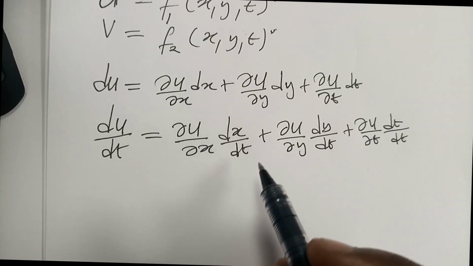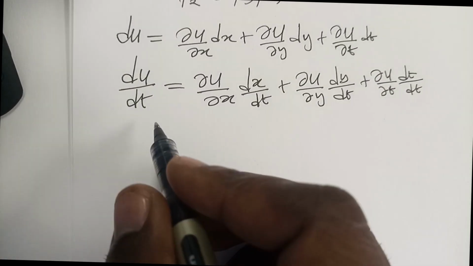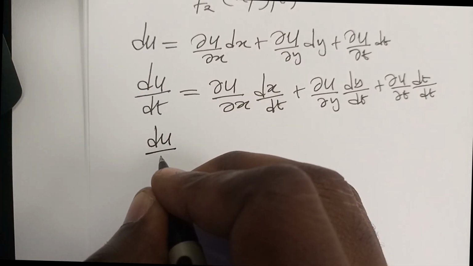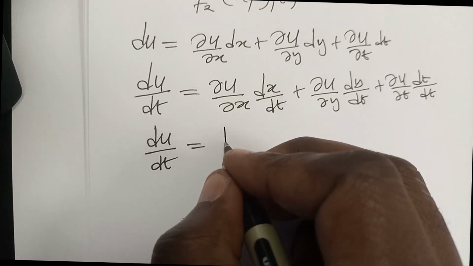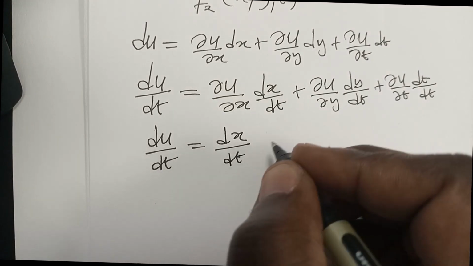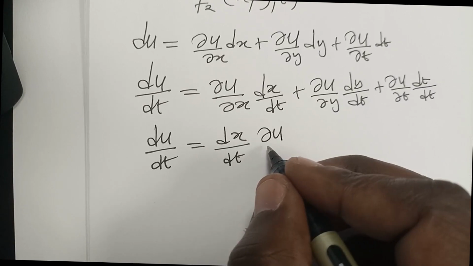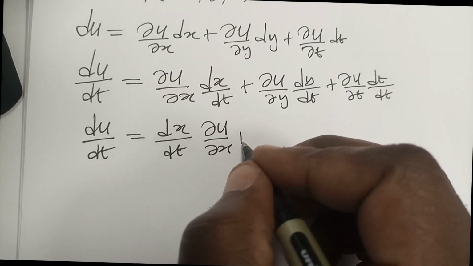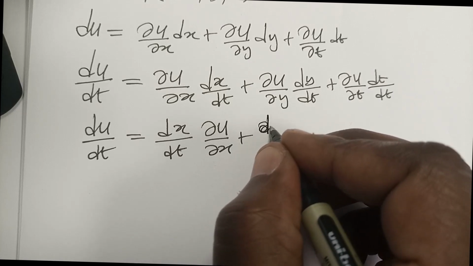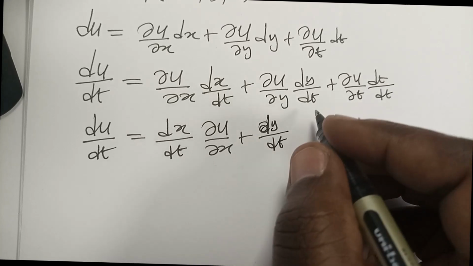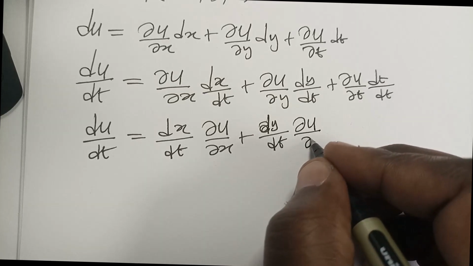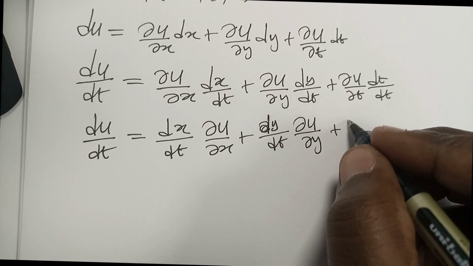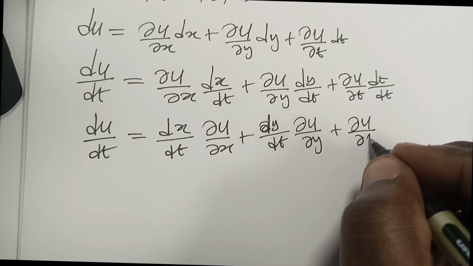So we're going to have du/dt equal to dx/dt times the partial derivative of this with respect to x, then plus dy/dt times the partial derivative of this with respect to y, plus dt over dt, which is simply 1, so you remain with the partial derivative with respect to t there.